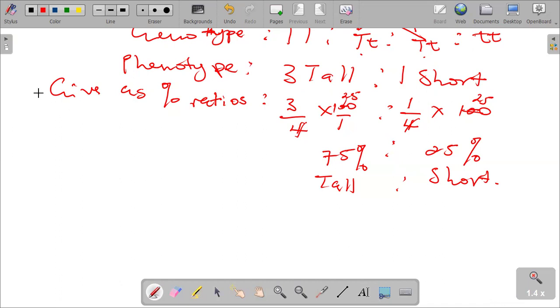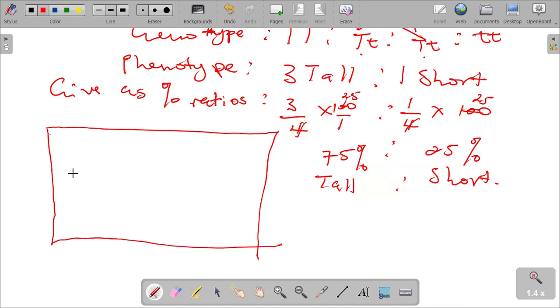Let me just quickly summarize this through a Punnett square, because most of you easily understand a Punnett square more than a genetic diagram. So I can as well do the calculation through a Punnett square, which can be used to calculate and represent chance factors in genetic crosses.